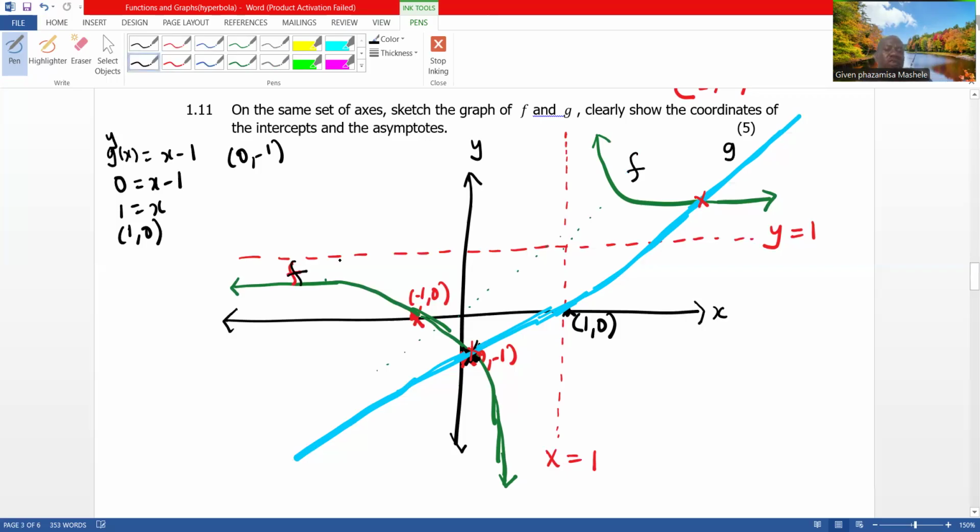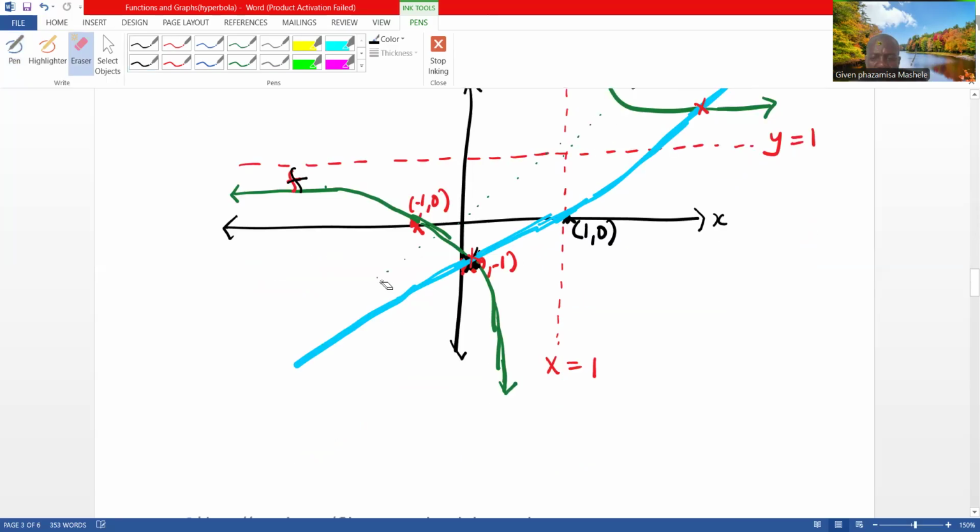Okay, so we have sketched the graph for F and G on the same set of axes, and all the intercepts are shown with the asymptotes. So now we can move on to the next question.